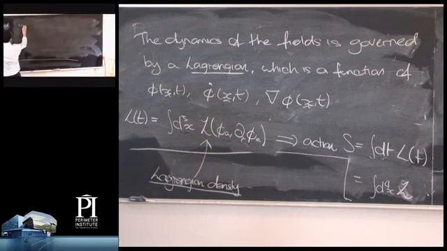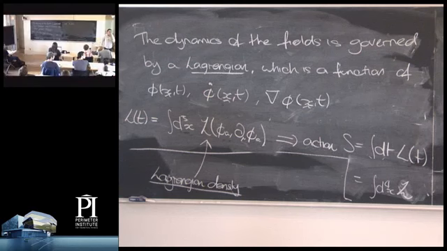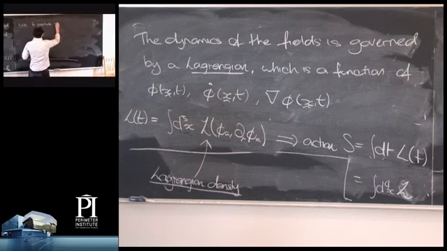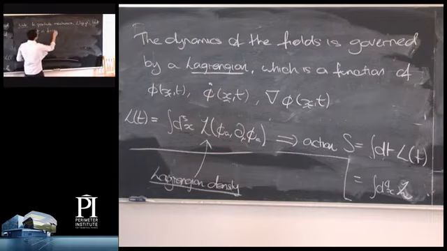Okay, so a quick note. Why two derivatives of phi? I'm about to write down that reason. The answer is no, there's no reason at all. But there is. We'll see. So in particle mechanics, L is a function of q and q dot, but it's not a function of the acceleration.